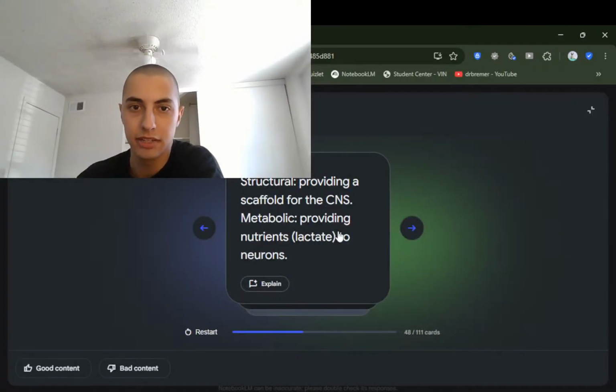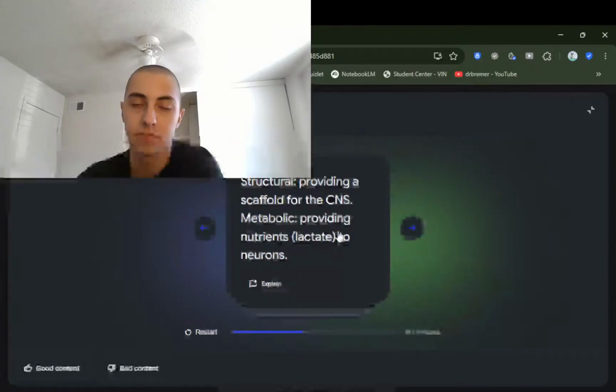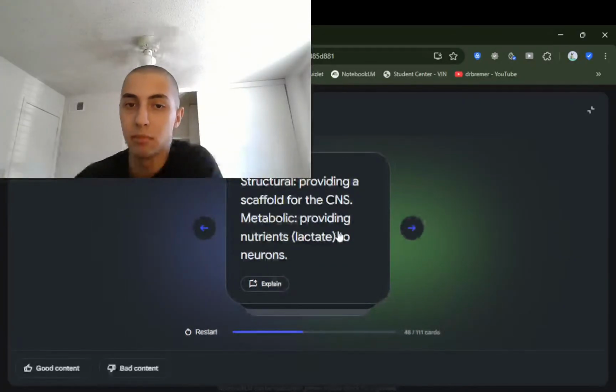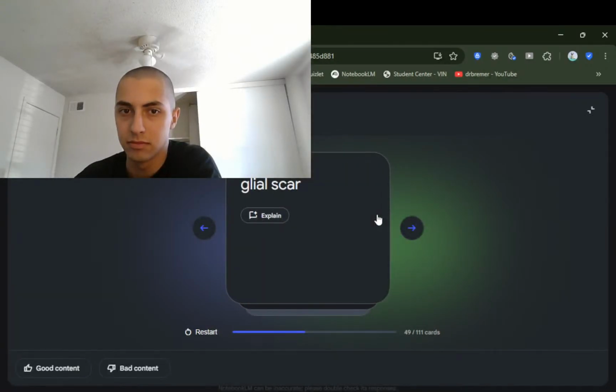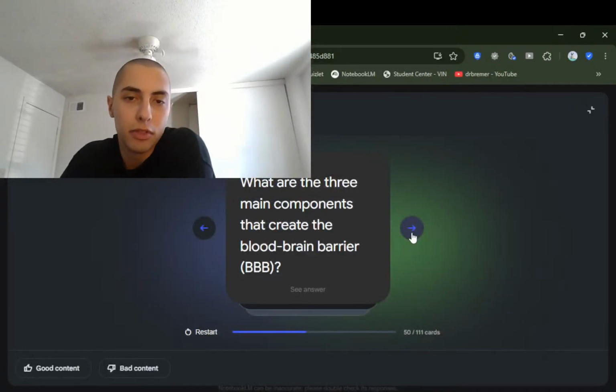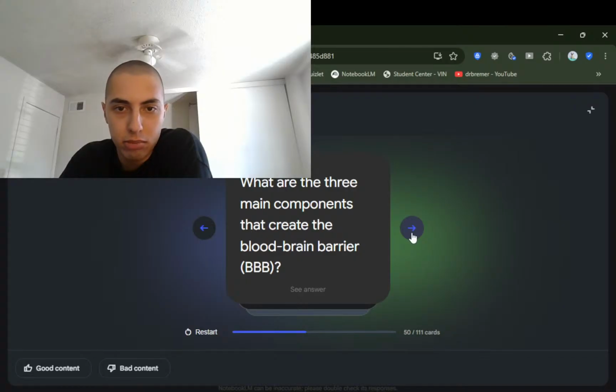Structural, they provide a scaffold for the CNS. Metabolic, they provide nutrients like lactate to neurons. Okay. Upon injury to CNS nerve cells, astrocytes fill the space to form a blank. A glial scar. Whoa.